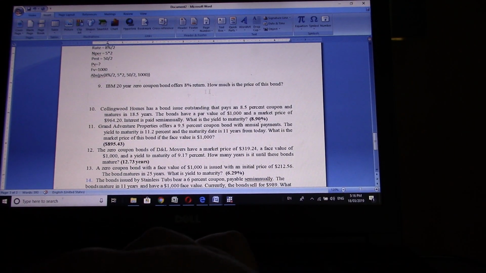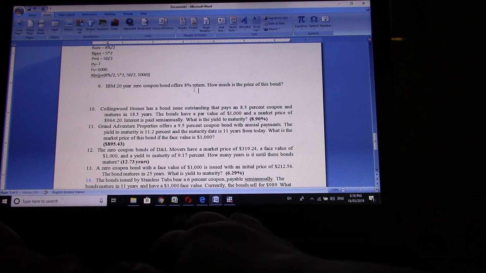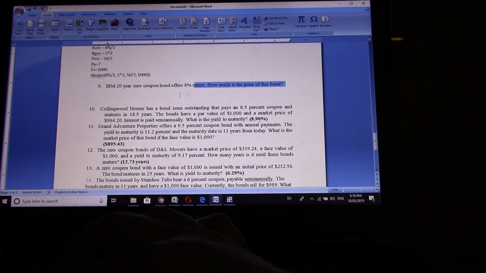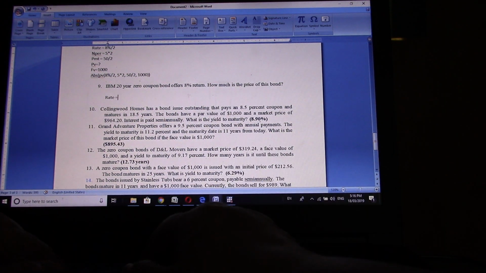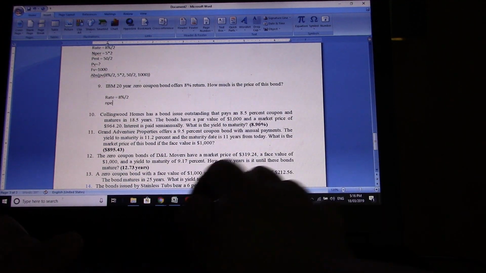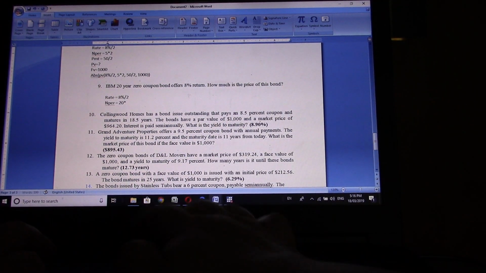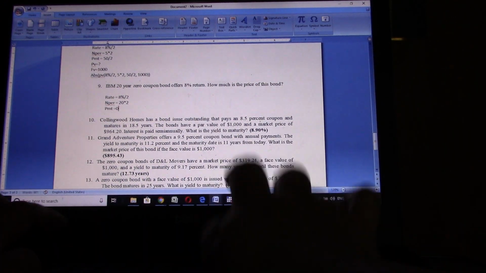Question number 9. It's a zero coupon bond. Let me just give you the inputs, but I don't need to explain too much. Rate is 8% divided by 2. Nper should be 20 times 2. PMT should be 0.